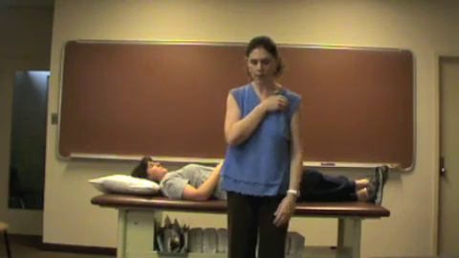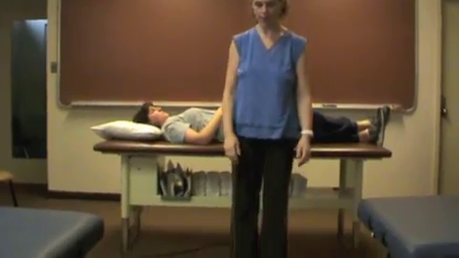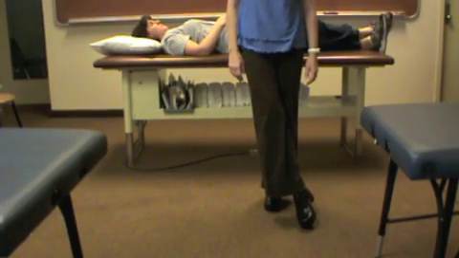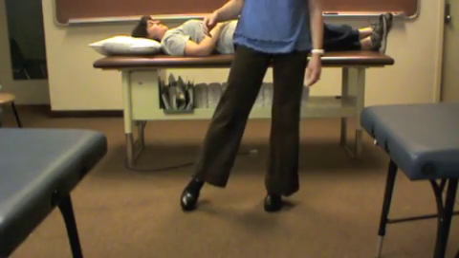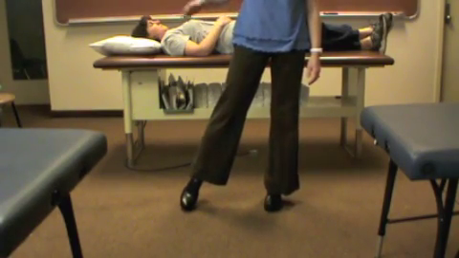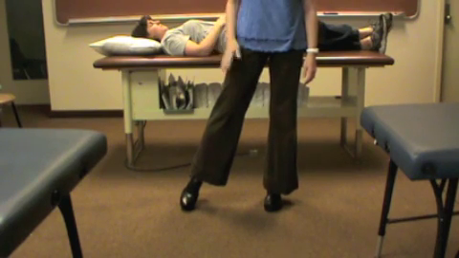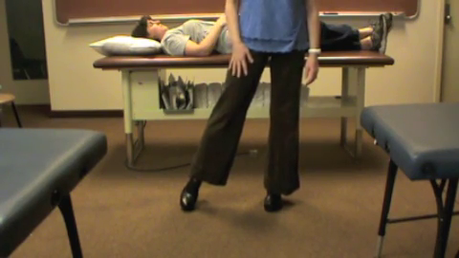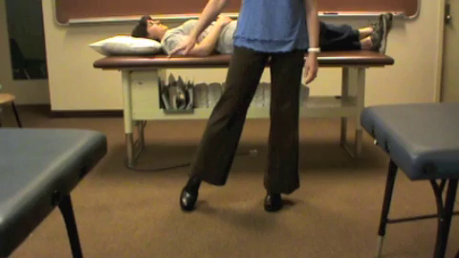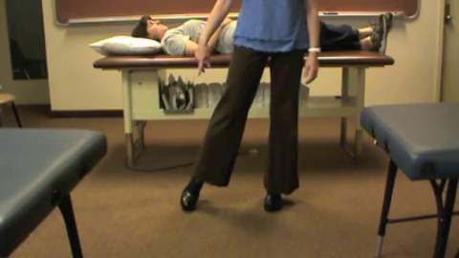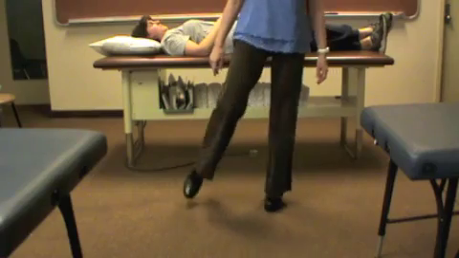For the lower extremity, for the D1 flexion pattern, you start in the D1 extension position. That's the hip extended, abducted, internally rotated, knee extended, plantar flexion, and eversion. Then you pull your foot up and in.